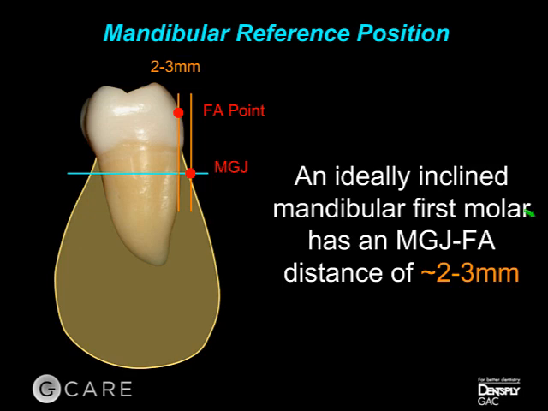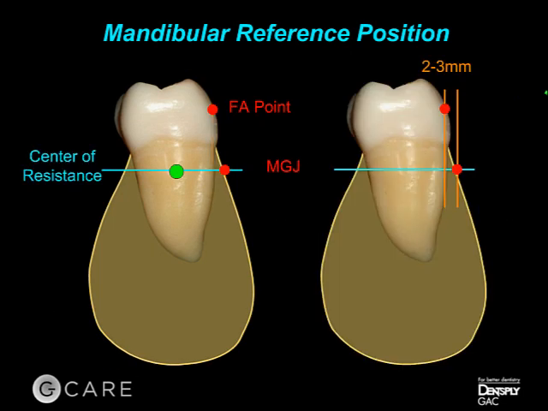If we look at this cartoon, which to me represents our treatment goals of upright, centered, and well intercuspated, assuming there's a maxillary tooth there, the ideally inclined mandibular first molar distance between the FA point and the mucogingival junction is going to be somewhere between 2 to 3 millimeters. That's going to correlate with the center of resistance of our tooth and the base of the mandible in order to determine our reference position.